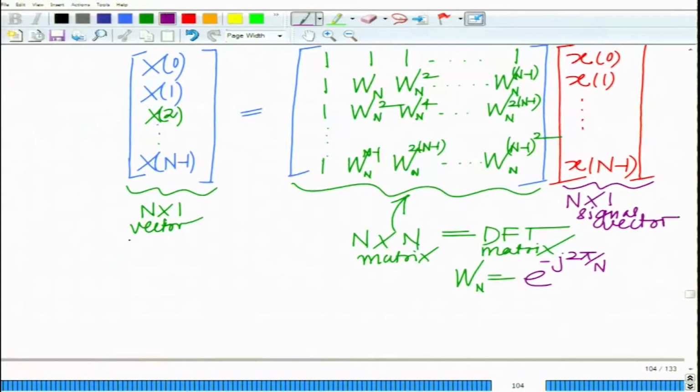This is your n cross 1 signal vector, and this capital X bar is the n cross 1 DFT vector.